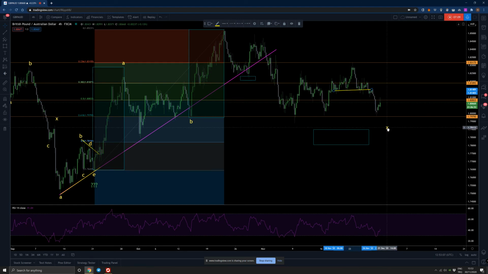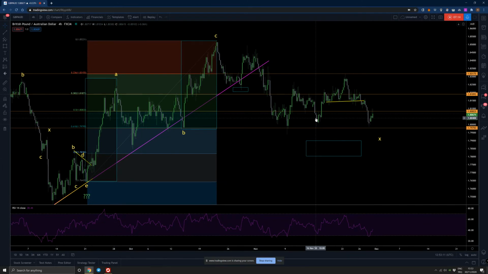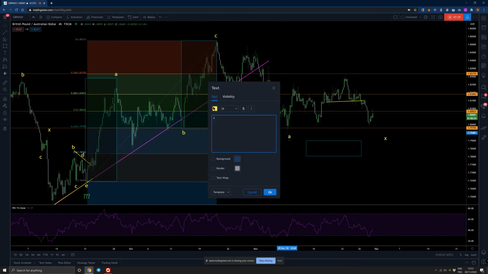Okay. Now, on the Elliott perspective, this X wave at this moment we don't have any idea what's going on. Okay, even if this count is true, in here there is not a trade that I would like to see. What I would like to see is something like this. So now on a lower degree, I would go like this.